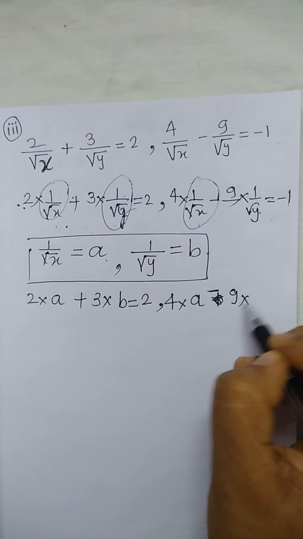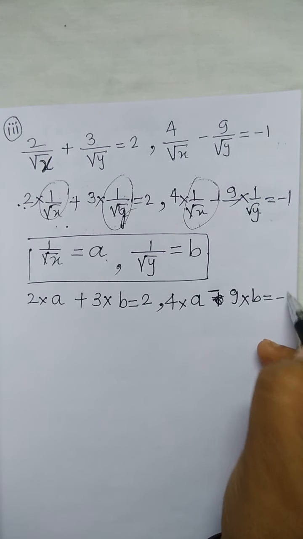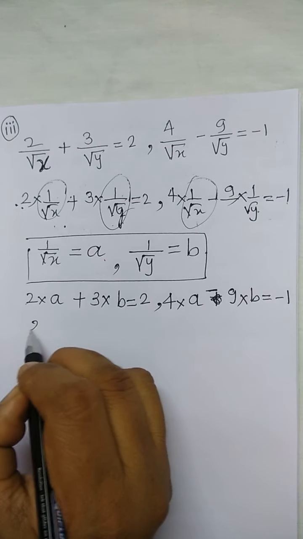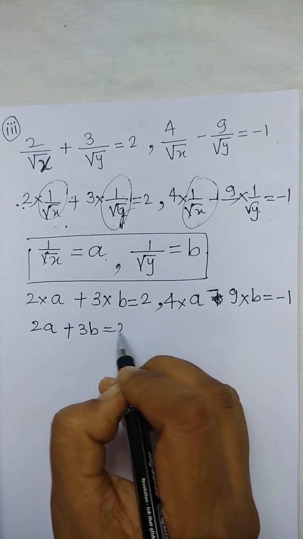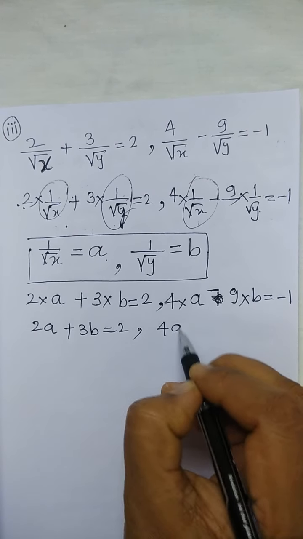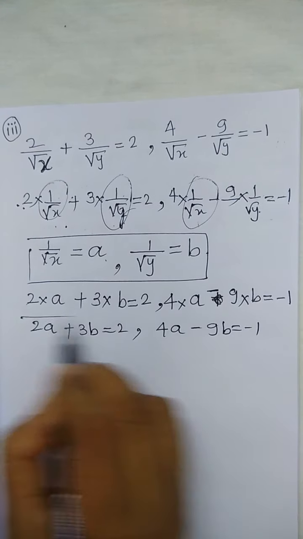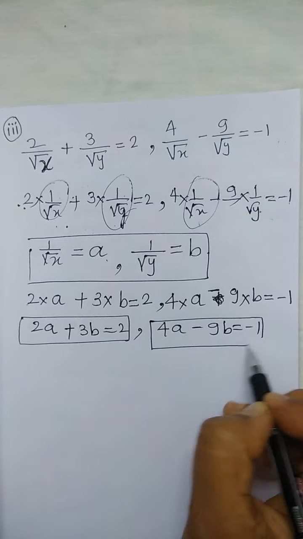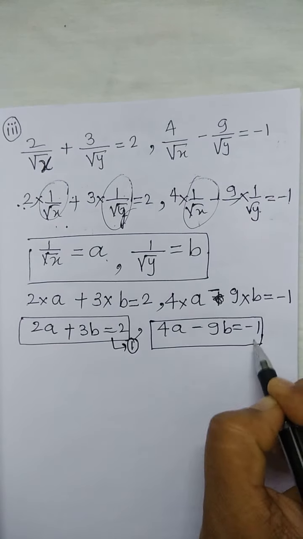Then 9 into 1 by root y is b, equals minus 1. Am I right? Now 2 into a means 2a plus 3b equals 2, and 4a minus 9b equals minus 1. So these are the two equations which we got after substitution. You give the number 1 and this 2.